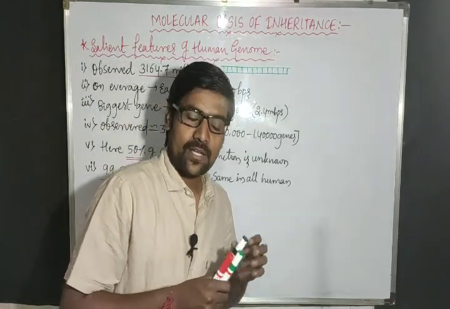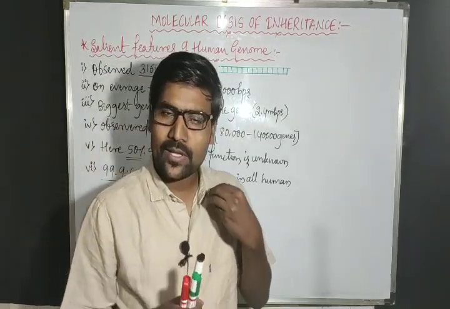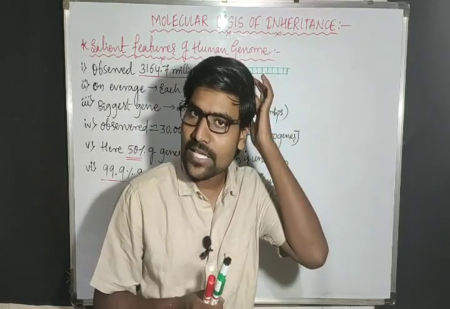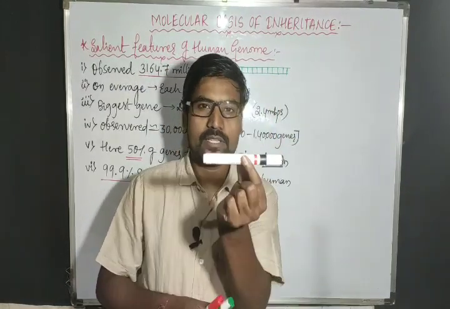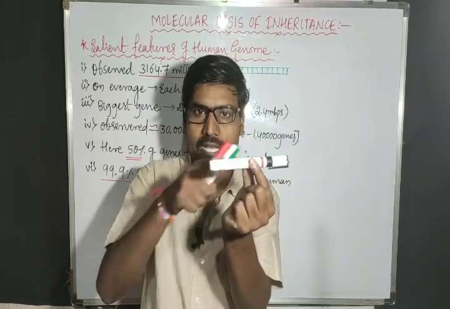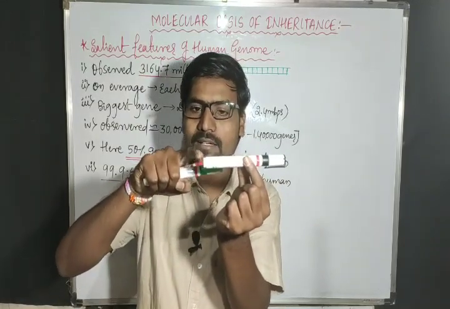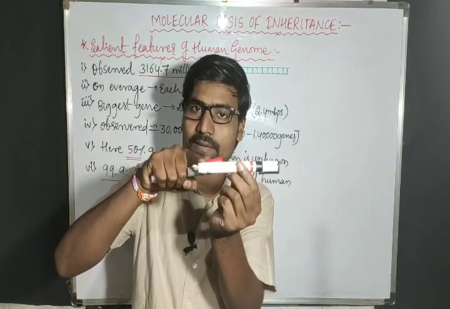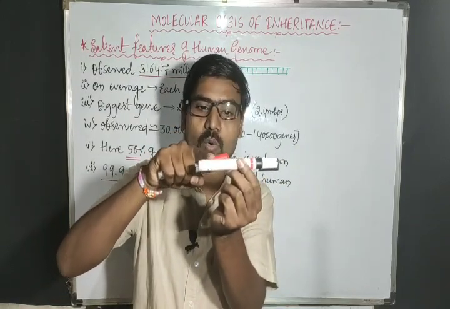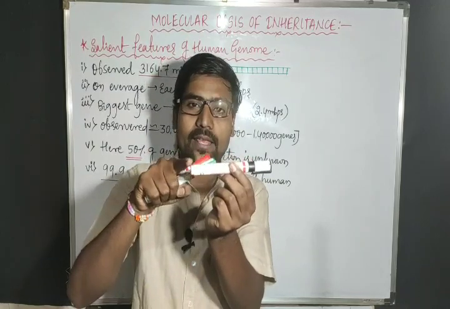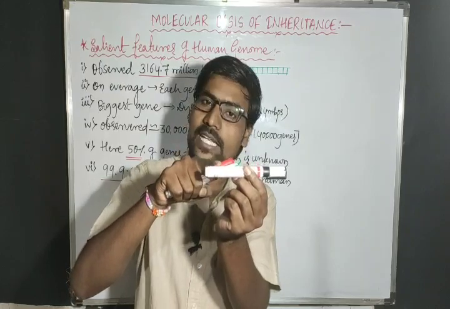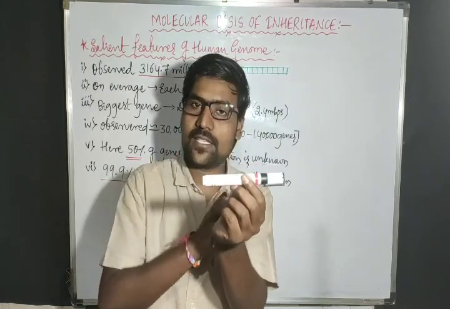That means in my body, in my cell, whatever DNA sequence I have, say for example, imagine this is the DNA starting end. Here A is present, adenine, next thymine, next guanine, next cytosine. AAGTC.